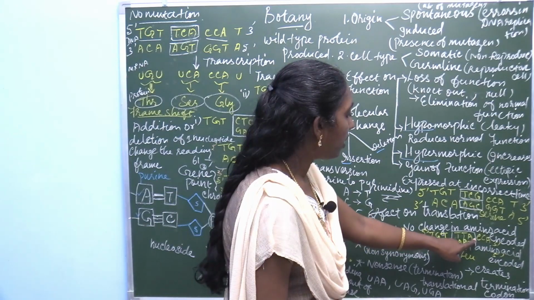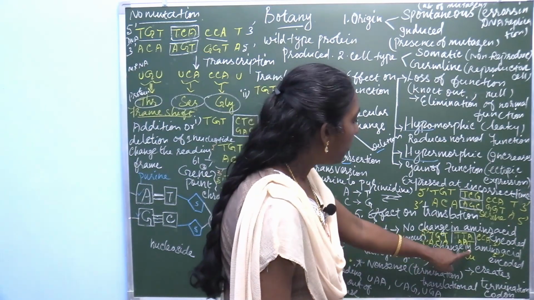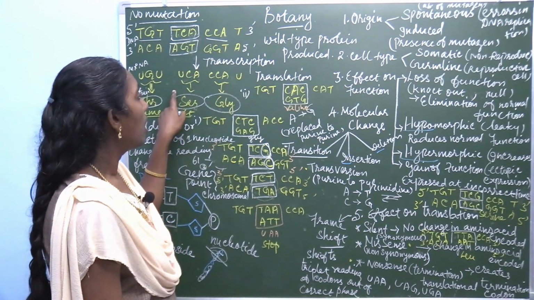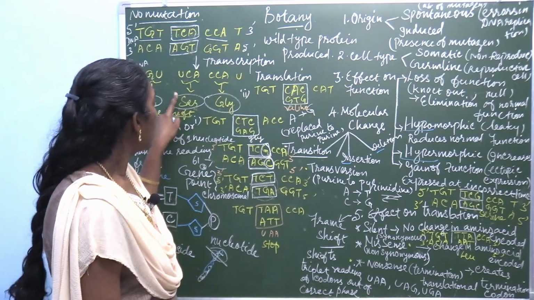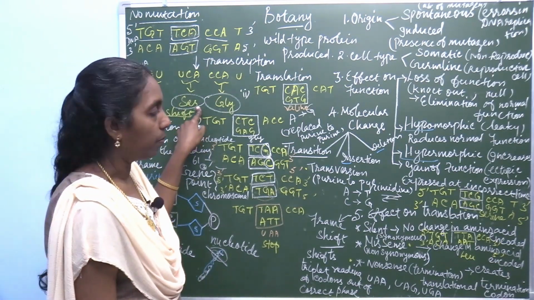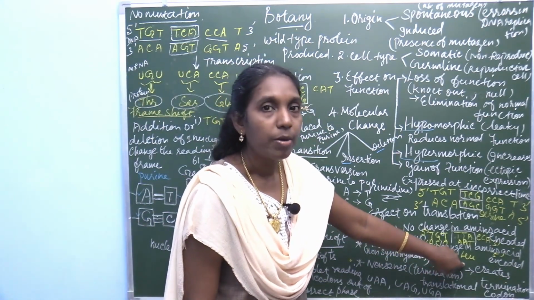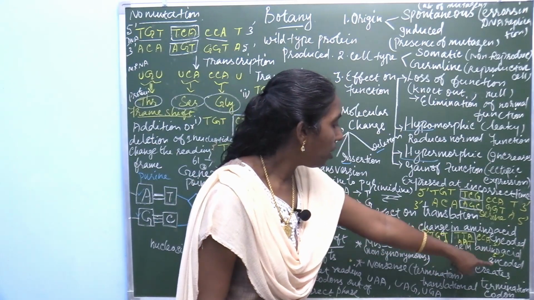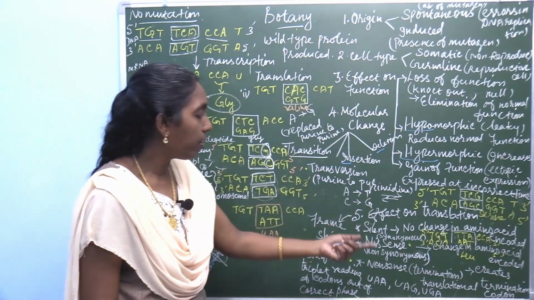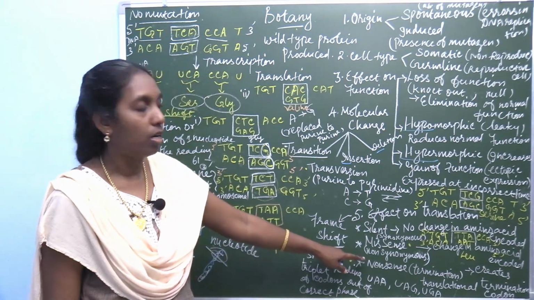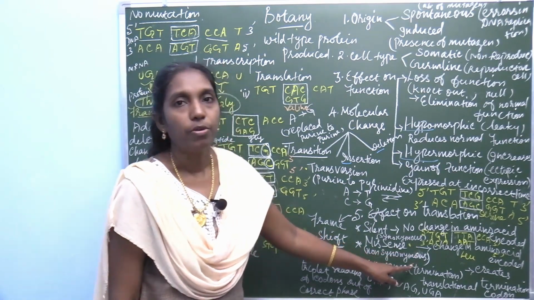In the normal sequence, serine has to form, but here leucine is formed. So the amino acid encoded has changed. So it's called non-synonymous or missense mutation.